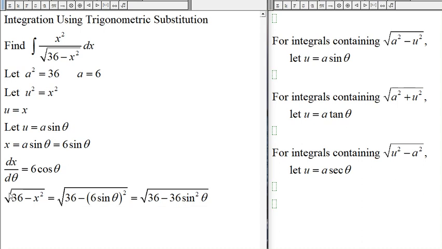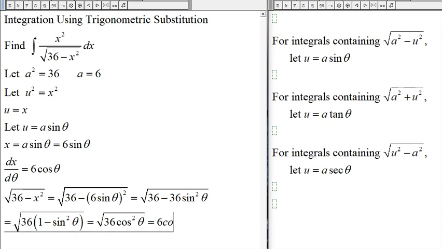And then the common factor is 36, so 36 times 1 minus sine squared theta. And we know that 1 minus sine squared is cosine squared. And this becomes 6 cosine of theta.